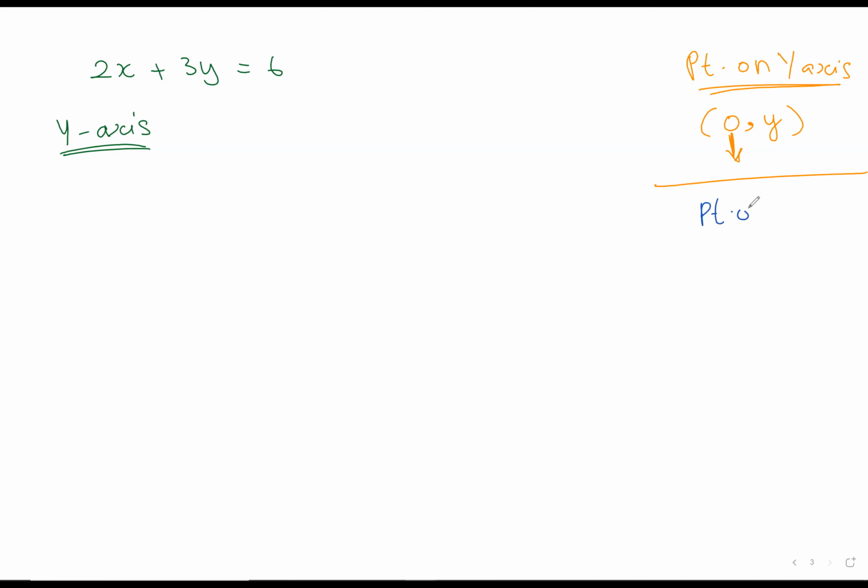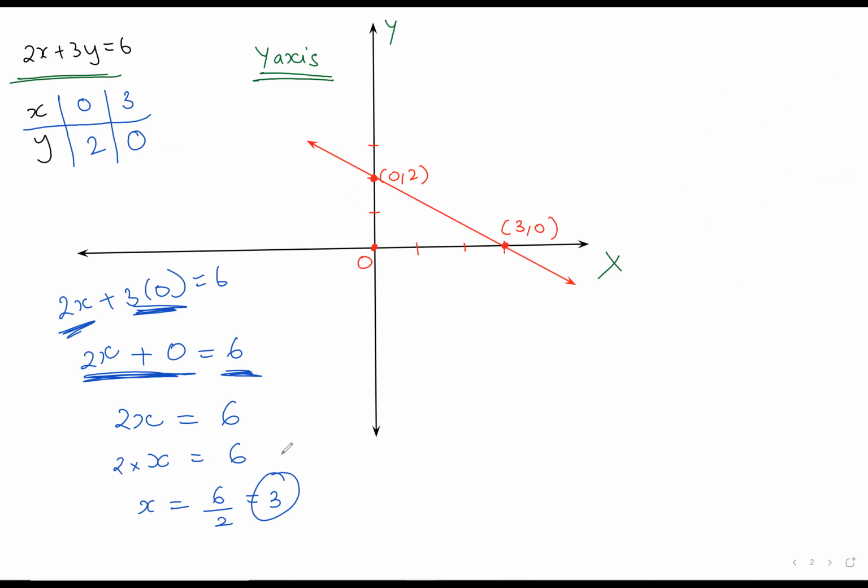Now any point on the x-axis will look like, what will it look like, Miraj? Just think about this, and you can say the opposite of that. Any point on the x-axis will look like what? Now take a look at it over here. Miraj?